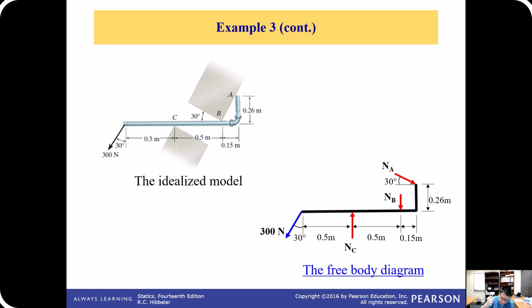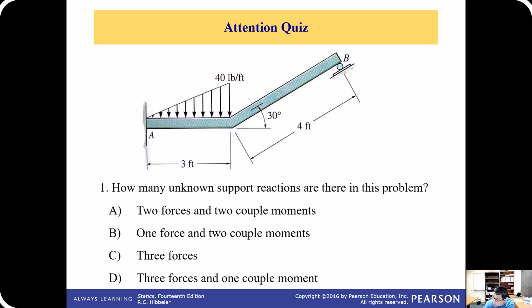It only has supports NA, NB, and NC at these 3 points. What about this one? How many support reactions are in this problem? Point A is fixed: Ax, Ay, and the moment. Point B is a roller, with only By. So we have 3 forces and 1 couple moment.